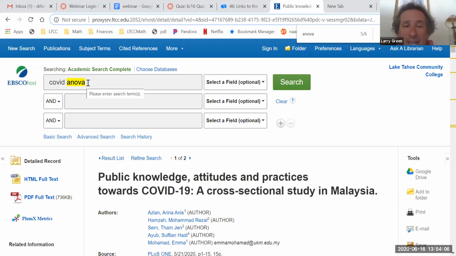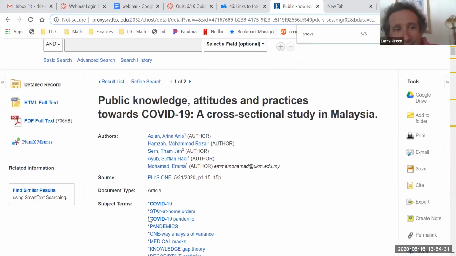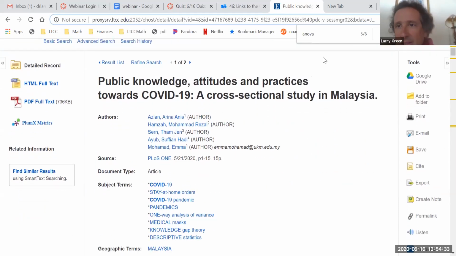So anytime you want to do real research, not just reading CNN or something, but actual research, you can go into our library's website and find articles. That's what I did, and it took 5 seconds before I found one. This isn't Malaysia, but I figure it's good enough. People are people. So here is the article.